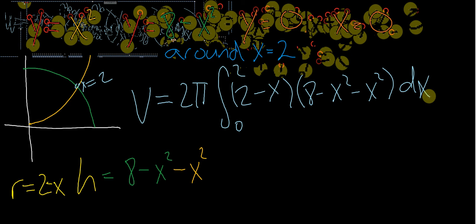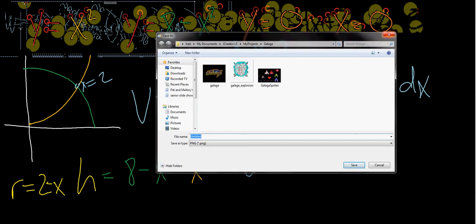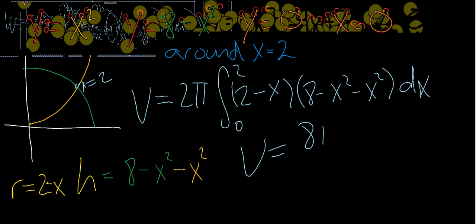Then you put that in your calculator and solve it, and you find that your volume equals 80 pi over 3.